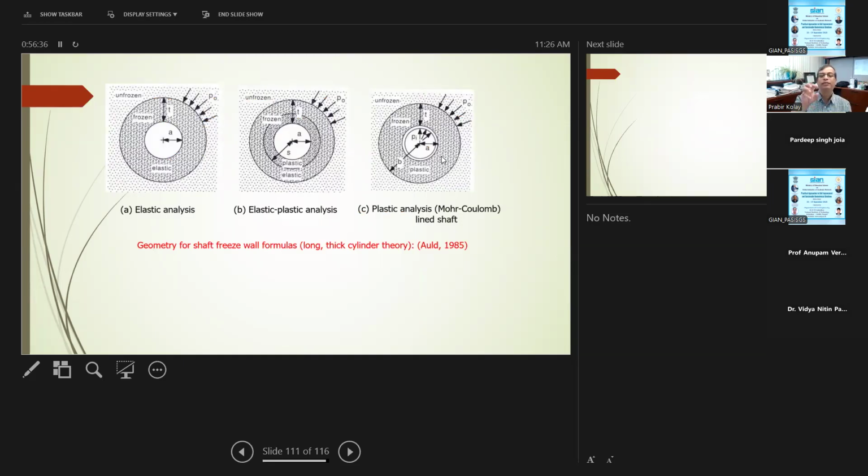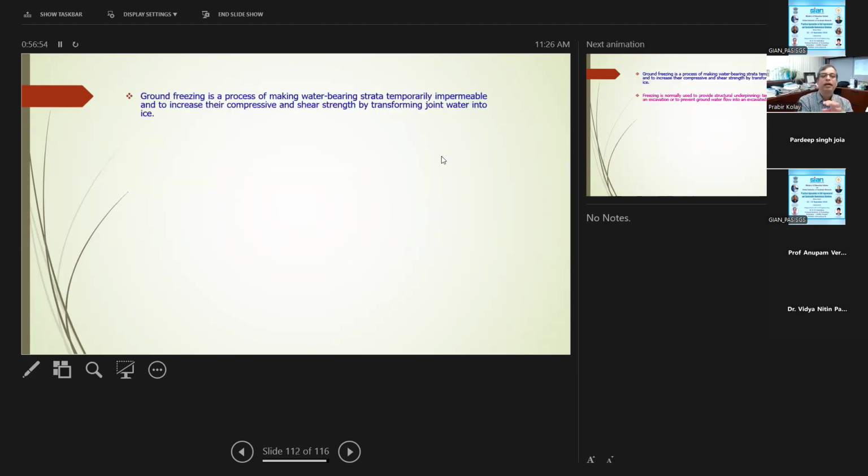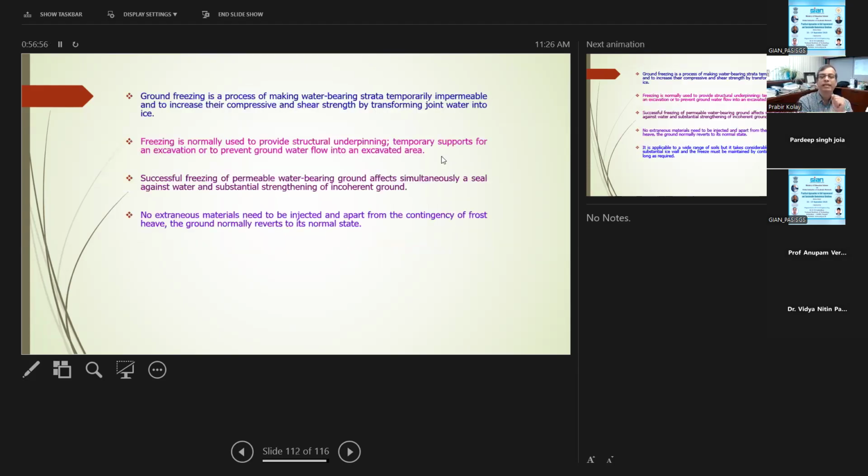What is unfrozen soil, frozen soil, and how the plasticity or elasticity is going to change. You can find out from there. I'm not going to talk about that more theoretical stuff, but as I mentioned, you can find all the information in Geotech Tools. So as I mentioned, the process makes the water-bearing strata temporarily impermeable.